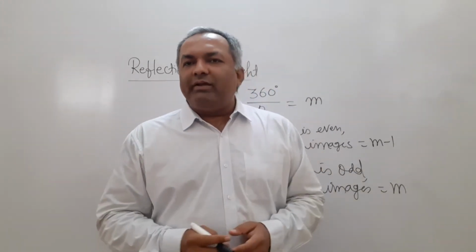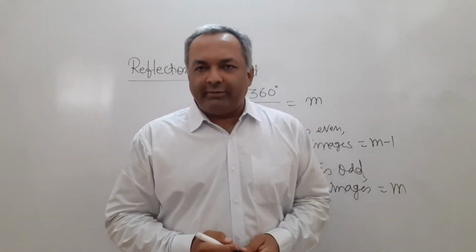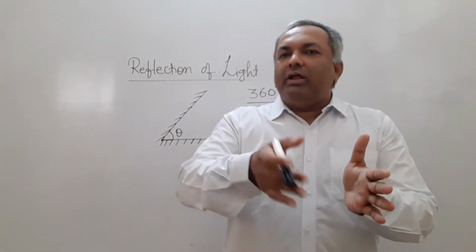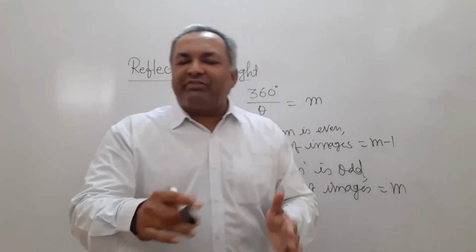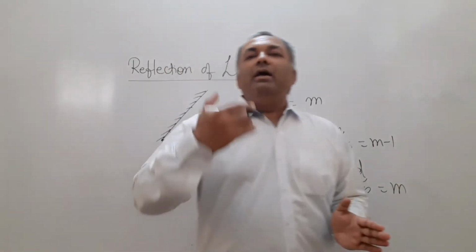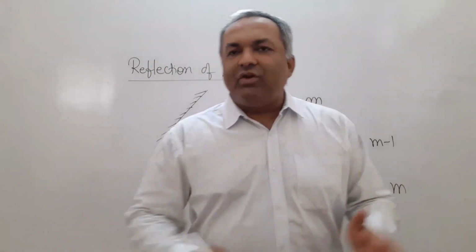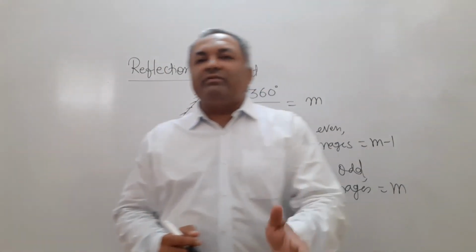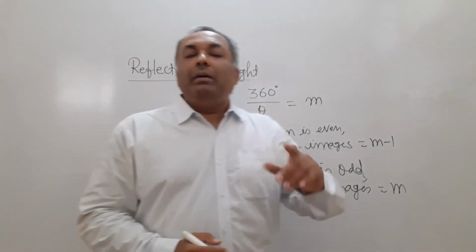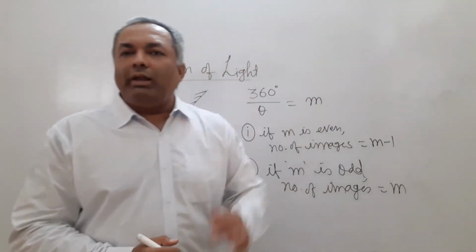So let us assume that it is reflecting 80 to 90%. Even then, there is some loss. So after every reflection, you are losing 10 to 15% of the incident light's brightness. And as a result of that, every successive image formed after every successive reflection is going to be of lesser and lesser brightness as well as quality.